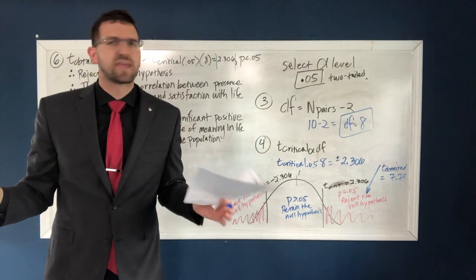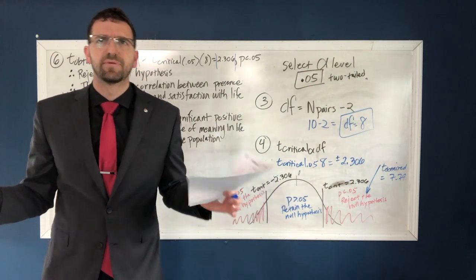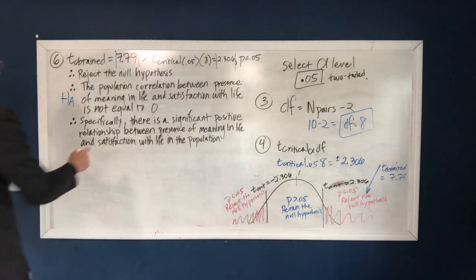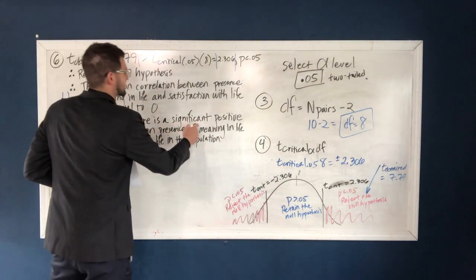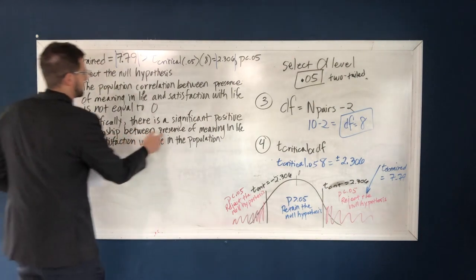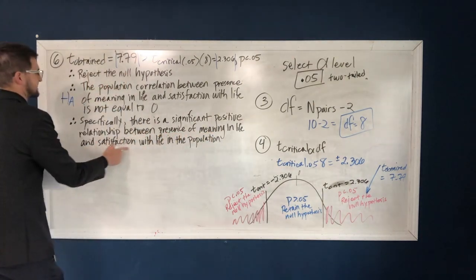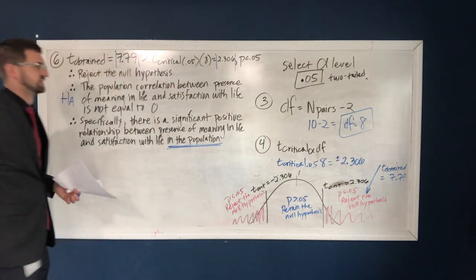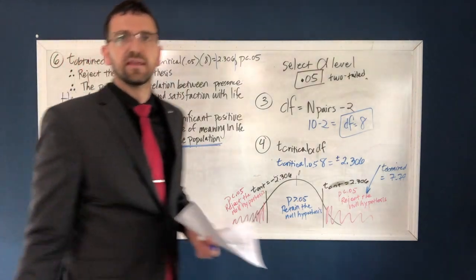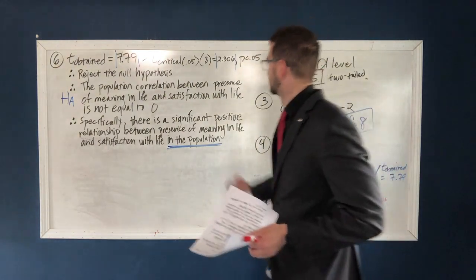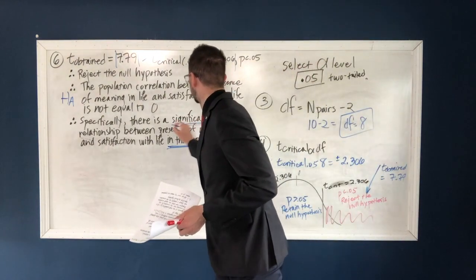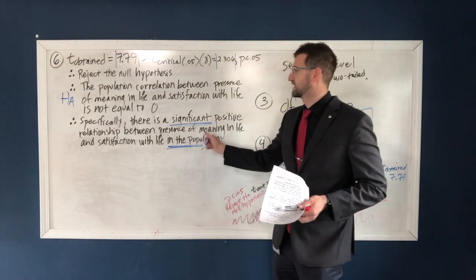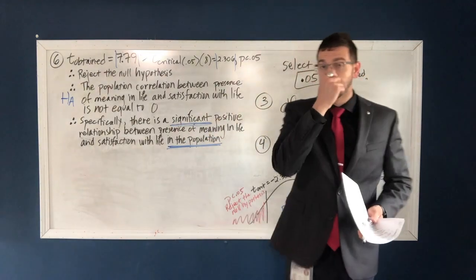But then, okay, cool, it's not equal to 0, but is it a negative relationship or a positive relationship? Specifically, there is a significant positive relationship between presence of meaning in life and satisfaction with life in the population. Okay? Significant positive relationship between these two variables in the population.